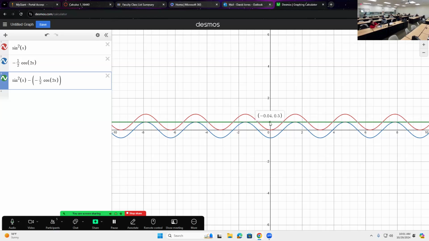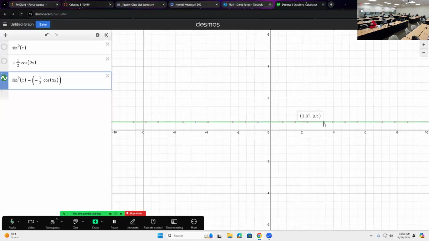The y value is 1/2. So that constant k is 1/2. This is subtracting the two, f of x minus g of x, and we get our constant. They're off by 1/2.